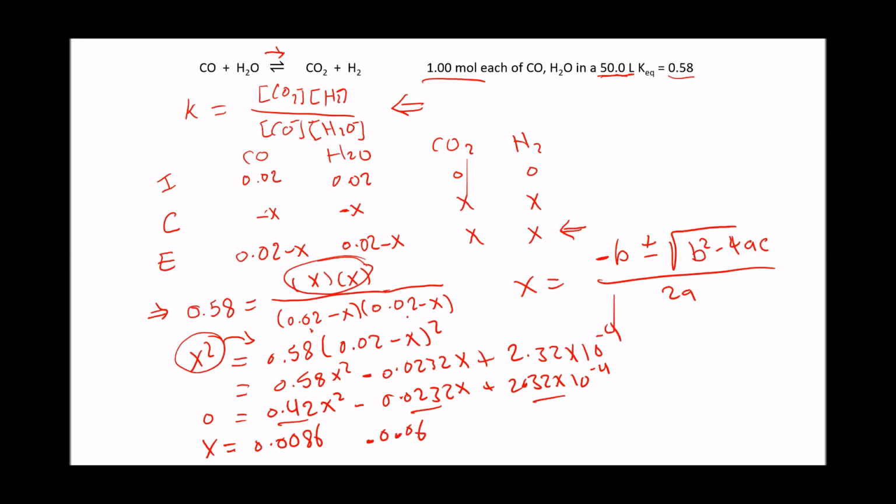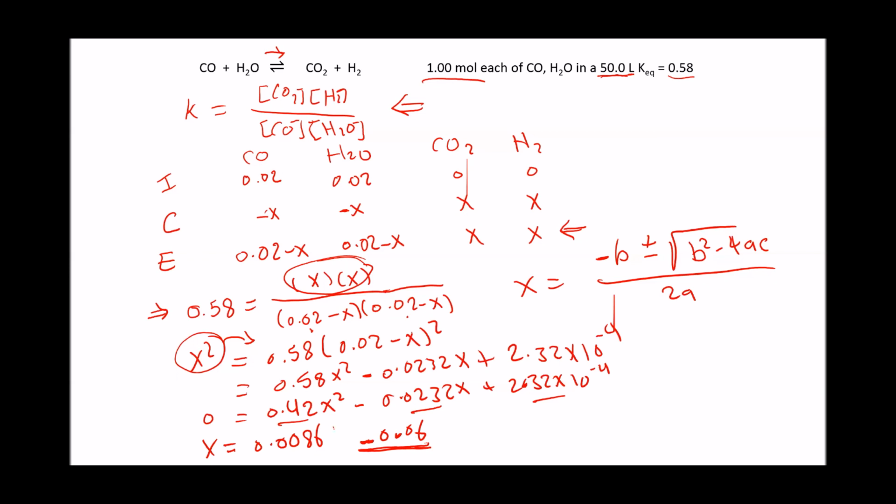Obviously, the negative root here doesn't make sense at all for two reasons. Because it's negative, that's one reason. And the second reason is that the magnitude of the change suggested by this root is 3 times the initial concentration of the reactants themselves, which doesn't make sense. It's not possible to react something that you don't have.